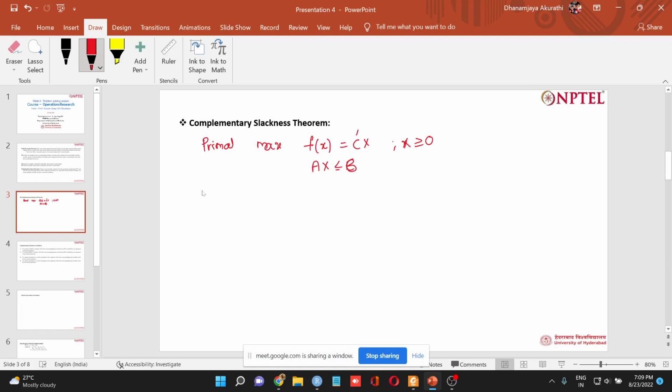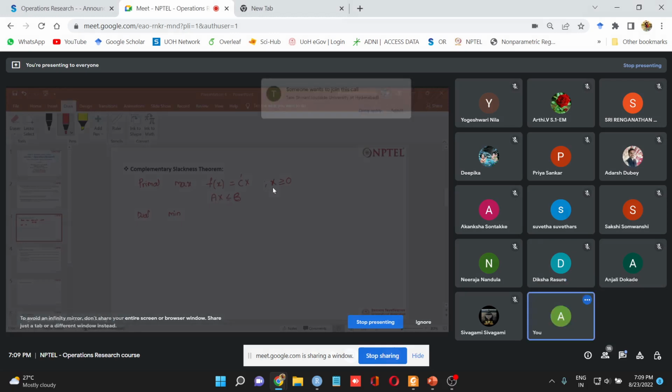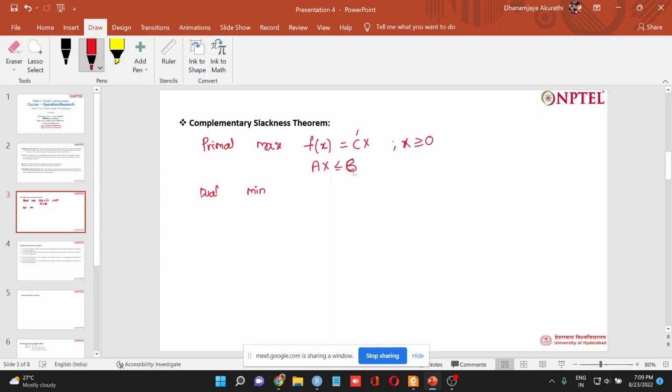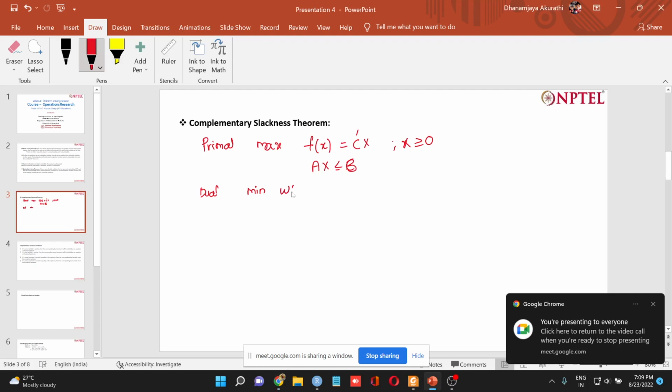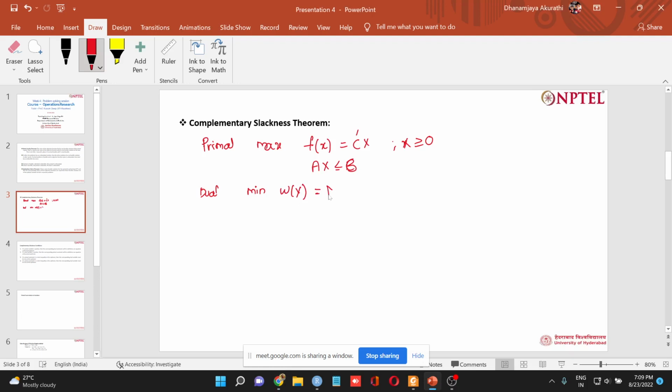The corresponding dual is minimum of w of y equals b transpose y, subject to A transpose y greater than or equal to c transpose, here c is the cost, and y greater than or equal to 0.